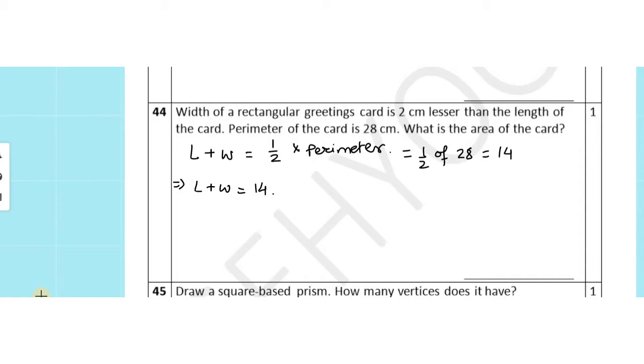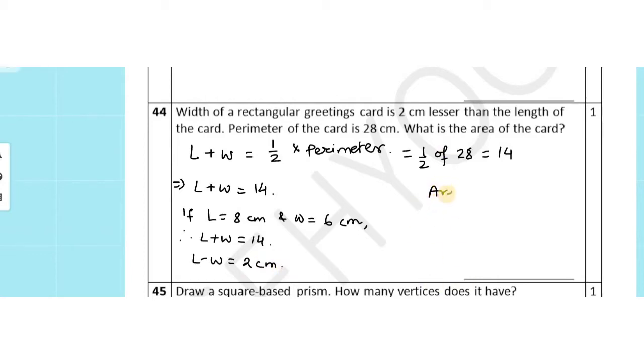We have to now take combinations of length and width which add up to 14 and see whether the width is 2 centimeter lesser than the length in any of the cases. So, if we consider length as 8 centimeter and width as 6 centimeter, 8 plus 6 add up to 14 centimeter, and we can see that the width 6 is 2 centimeter lesser than the length, which is 8.